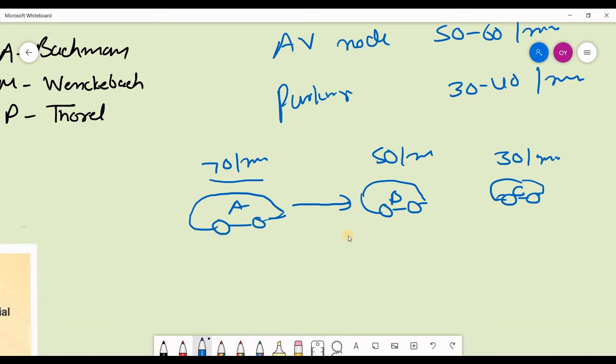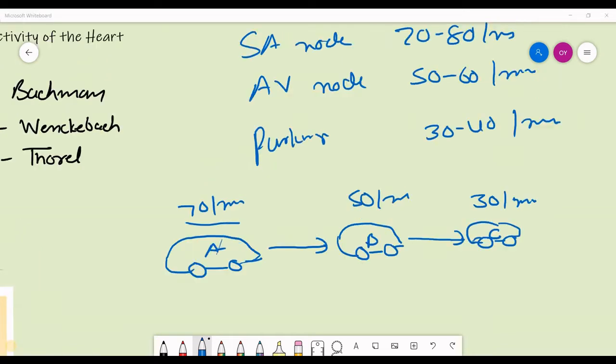Now car B will start moving at the rate of 70 per minute and will drag car C before it starts moving on its own speed. Because of this, car A will take over the speed of both car B and C. So car A here is the SA node, B is the AV node, and C you can say is the Purkinje fiber or other part of the heart.